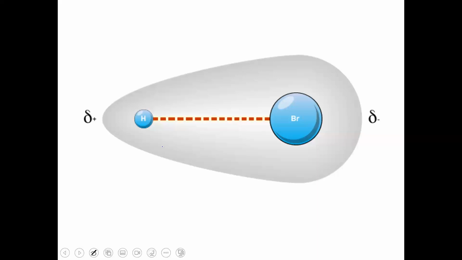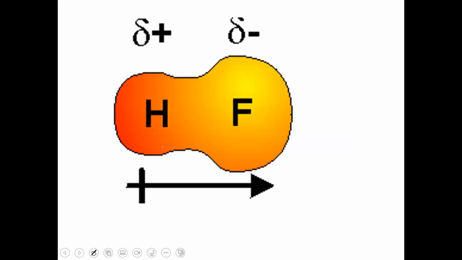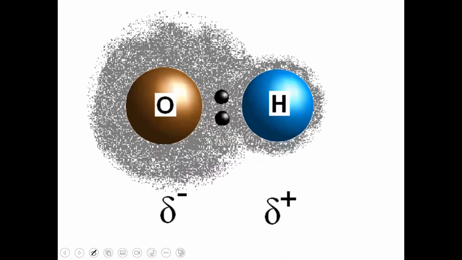This is electron density map. You can see that more electron density is around bromine. Look at this, fluorine is more electronegative than hydrogen. Fluorine is actually the most electronegative in the whole table. So fluorine will pull out the electron density around.